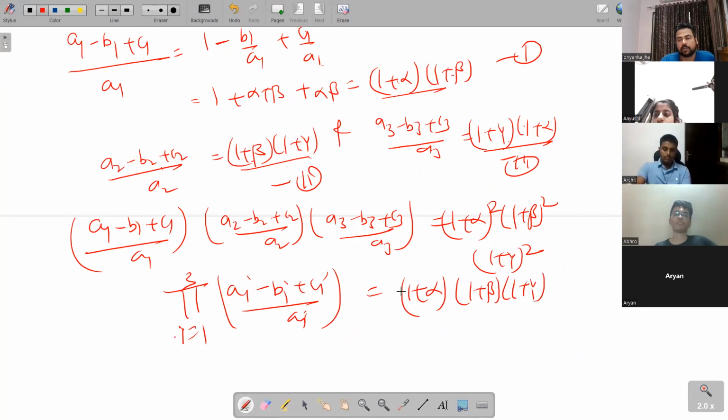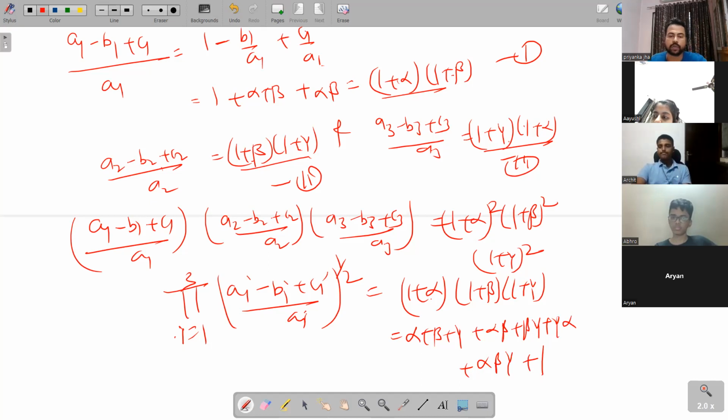Just remove this, so whole square of this complete thing will come to this side, and it will become square root. If you multiply this, you will get alpha plus beta plus gamma plus alpha beta plus beta gamma plus gamma alpha, plus alpha into beta into gamma plus 1.